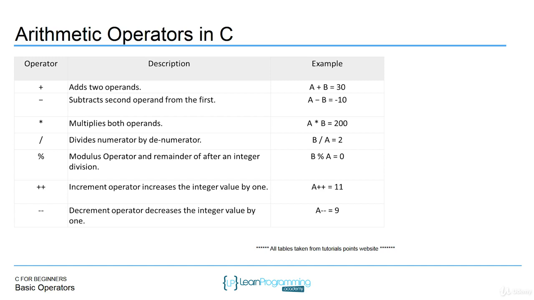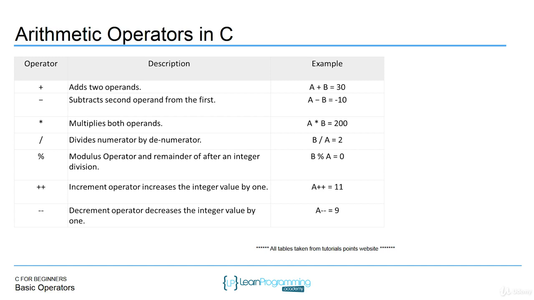Minus subtracts two operands, a minus b. So a minus b could be equal to something like negative 10 if a is equal to 20 and b is equal to a negative 10. Is that right? 20 minus negative 10, yeah. Asterisk is for multiplication. Again, infix, in between operands.